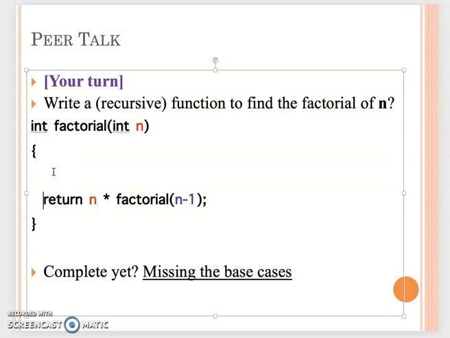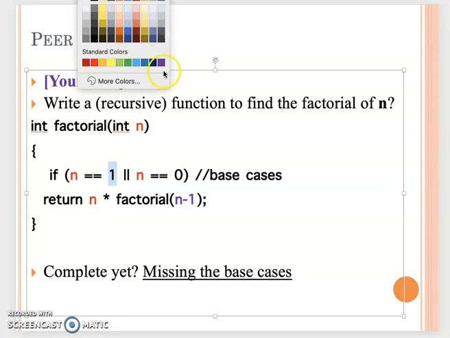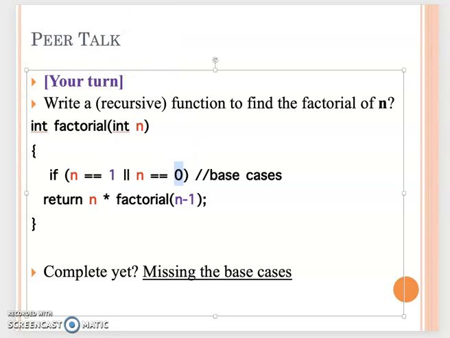So when we come back, we need to have if n equals 1 or n equals 0. So what is the base case? When n equals 0 or n equals 1, 0 factorial or 1 factorial equals 1. Very good.